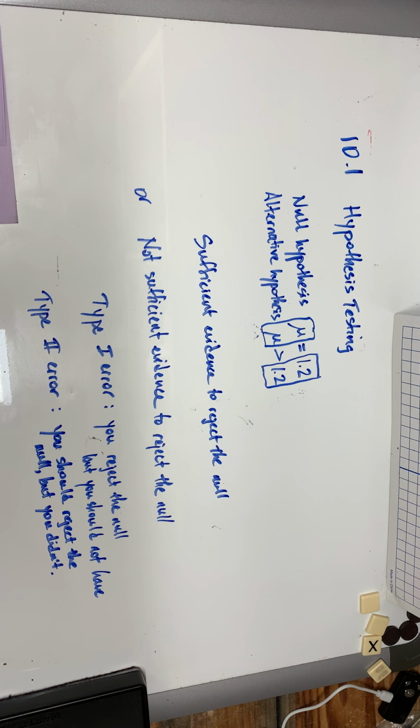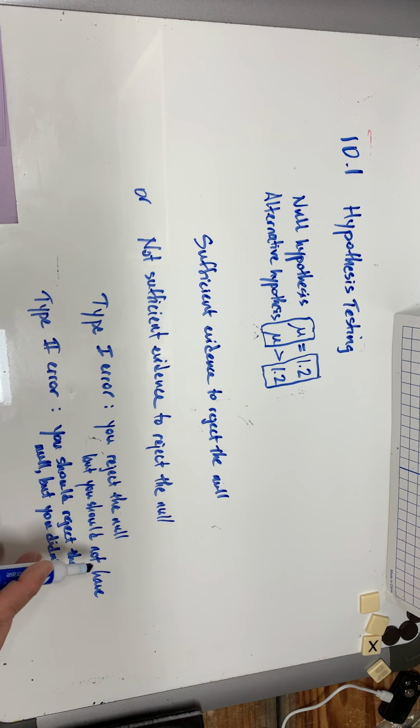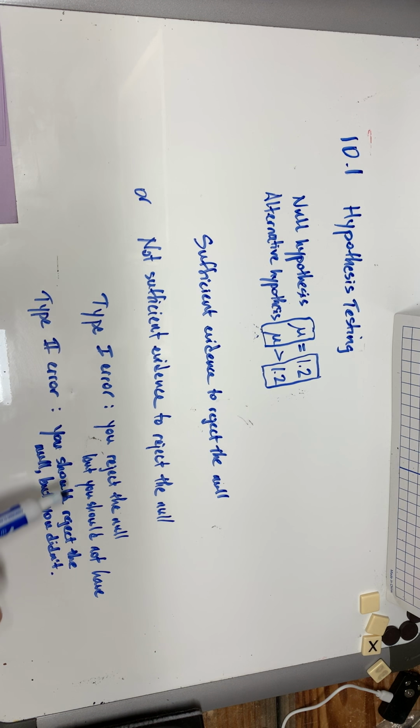Okay, so last thing I want to talk about in this lecture is we can give a probability for committing a type 1 error, and that's really all we care about for the most part. We're not going to worry too much about the type 2 error regarding this. And so let's say that we figured out that I have a 1% chance of committing a type 1 error in a specific study.